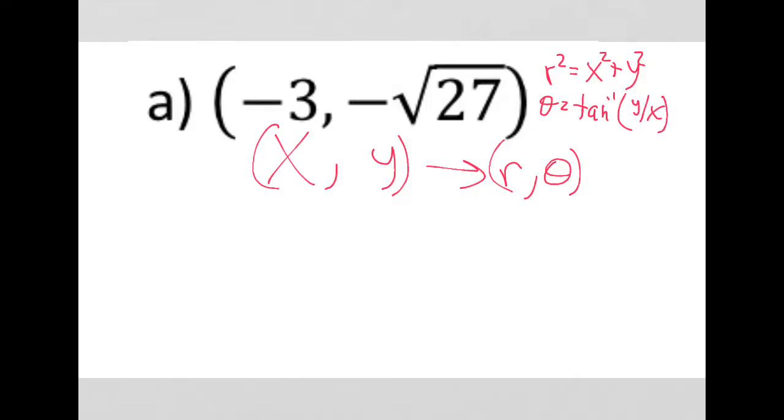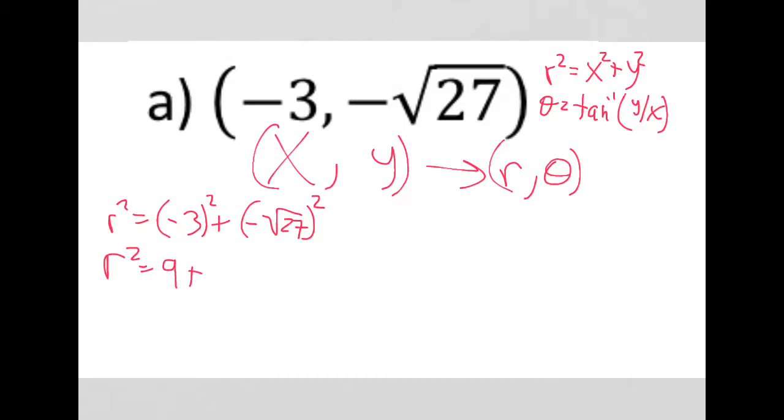So let's see what we can do. Let's find r first. We will have r squared equals the quantity negative 3 squared, plus the quantity negative square root of 27 squared. So let's square those pieces. Negative 3 squared is positive 9.